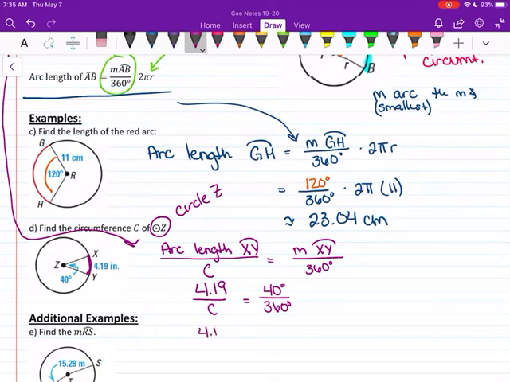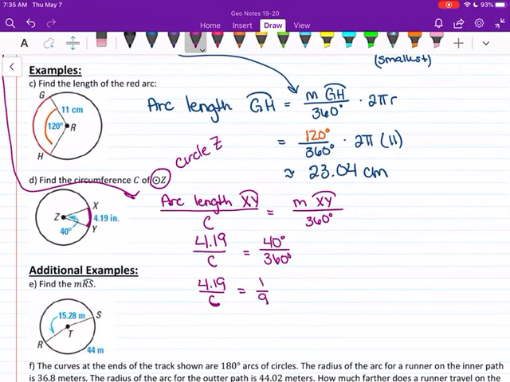So I have 4.19 over C equals 1/9. Then C equals 4.19 times 9, and my circumference is approximately 37.71 inches.